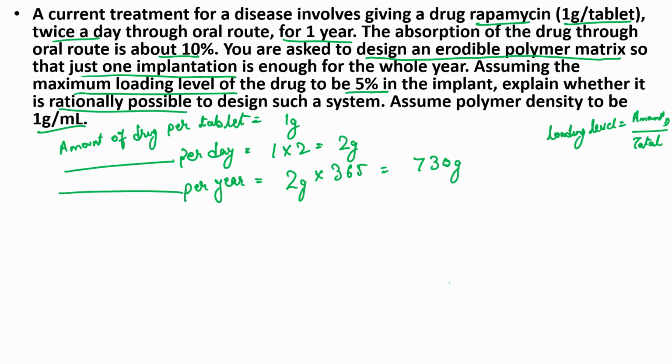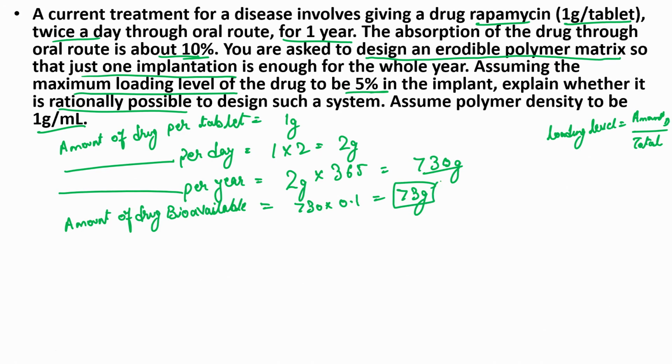Now, obviously this is the amount that we are giving, but the amount that is getting absorbed is only 10% of that, because we are saying that through the oral route we only get 10% into the system. So, the amount of drug which is bioavailable for the whole duration is about 730 multiplied by 0.1, since it is 10%, which will give us 73 gram.